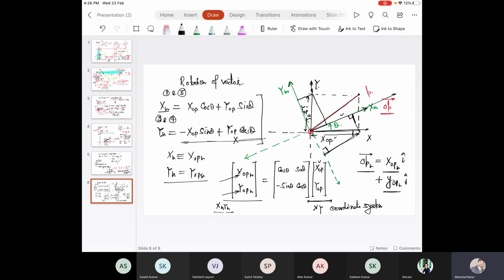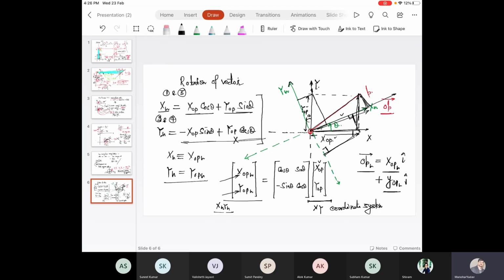So what will happen? Just see. Now the projection will be this, while in the previous case the projection was this. So what is actually happening? Along the xn axis, this distance is increased, and it is evident over here in xn, that is, you are going to add the two components.